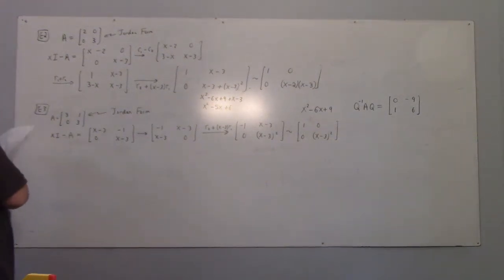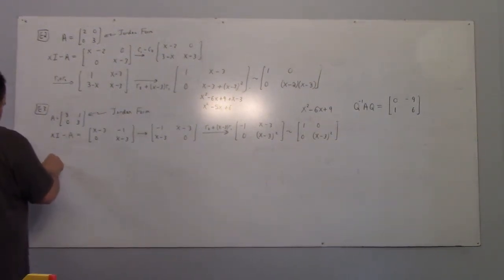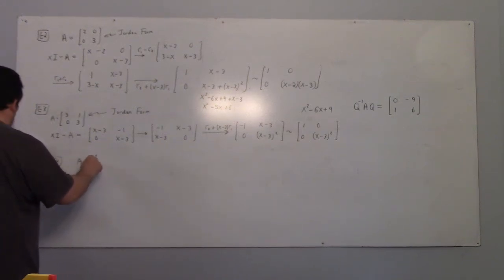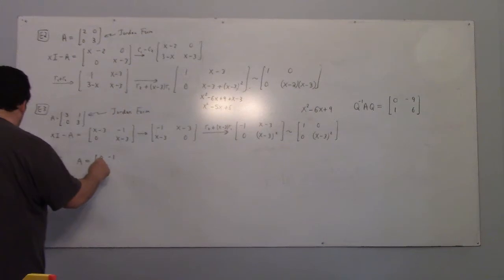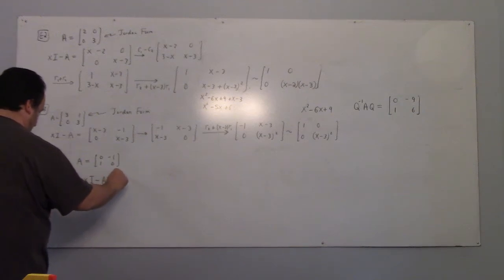Example 4. If we have A equals 0, minus 1, 1, 0, then you can take xI minus A. I'm going to skip the steps this time.